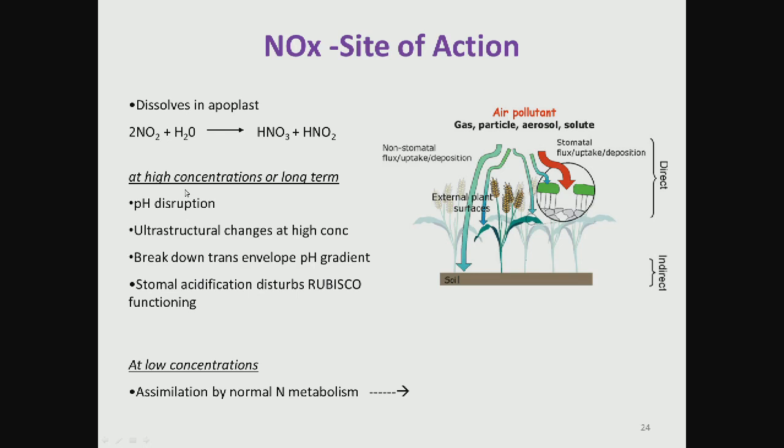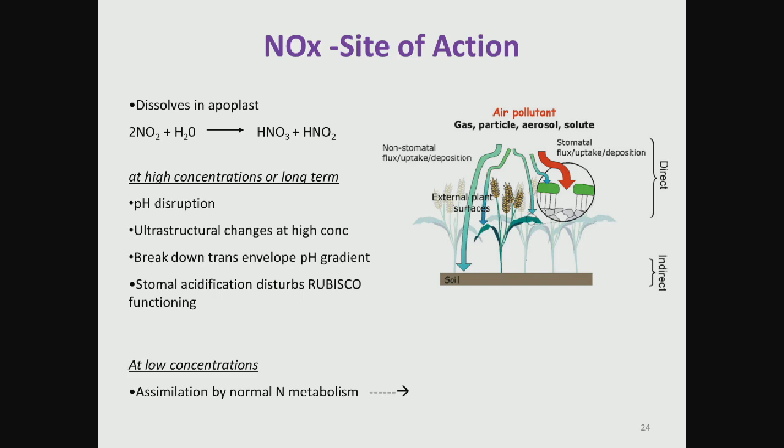If it's really, really high, that's when you get leaf injury. You see the white spots and the black, because actually the pH of the acid is killing the cells. Right? Straightforward. These effects of pH can actually affect the functioning of these cells, affect the function of rubisco, the photosynthetic pathways.